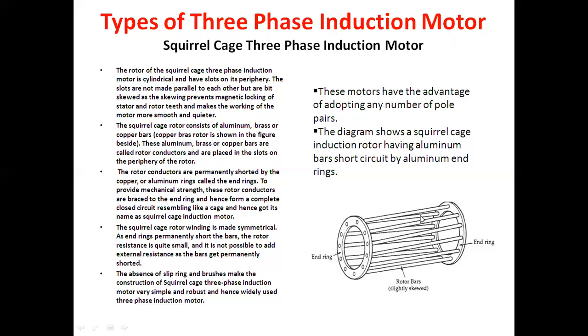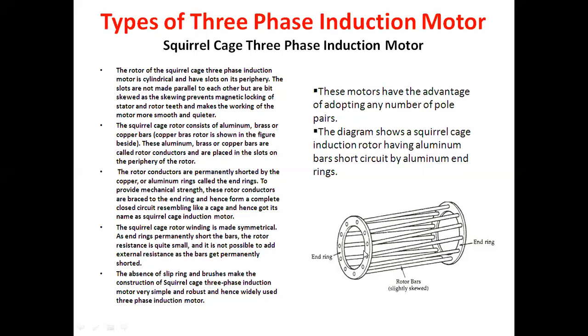It is cylindrical in nature and has slots provided on the periphery. The slots are not made parallel to each other but are a bit skewed. The rotor bars are slightly skewed, and those are the end rings where the rotor bars are short circuited or connected.